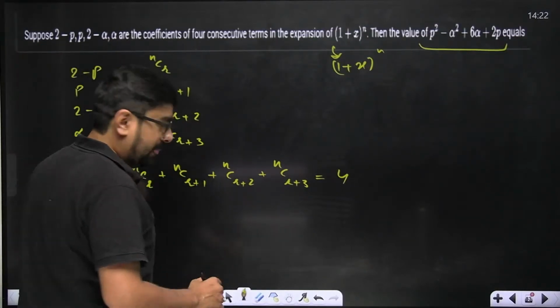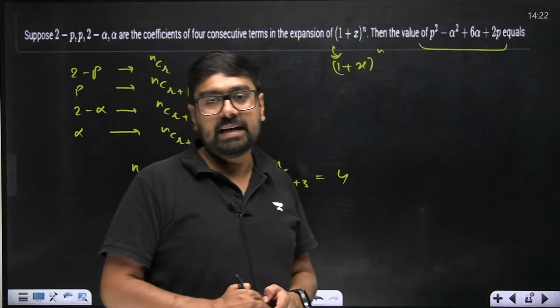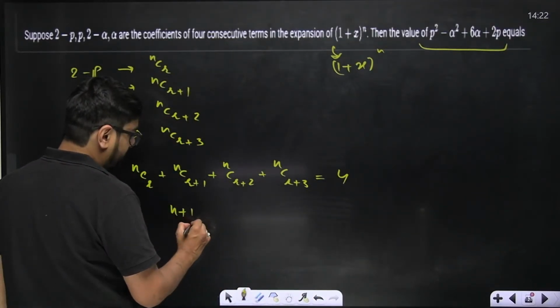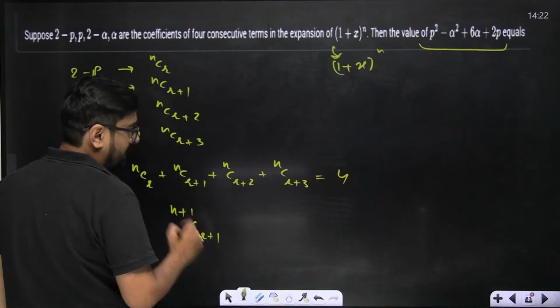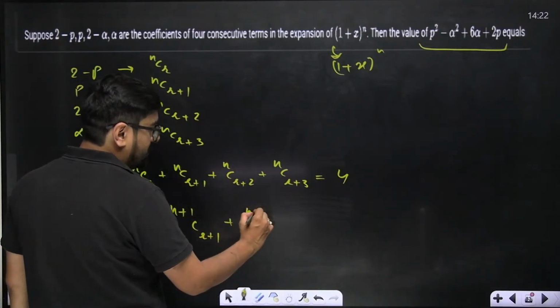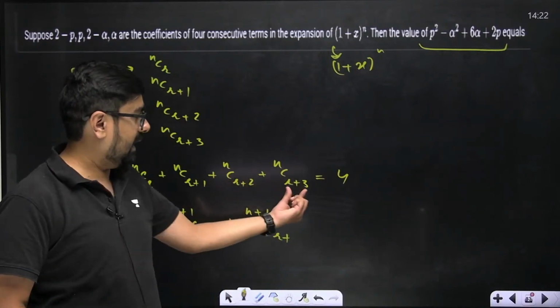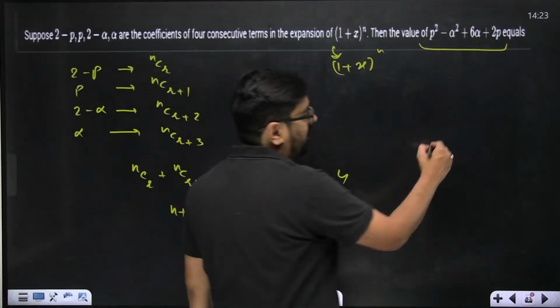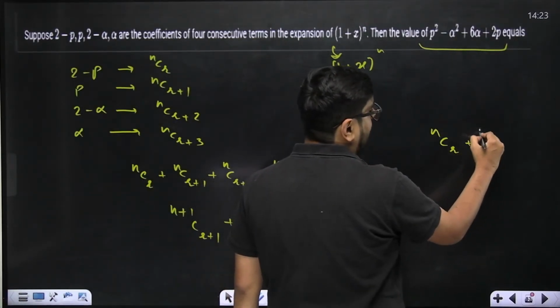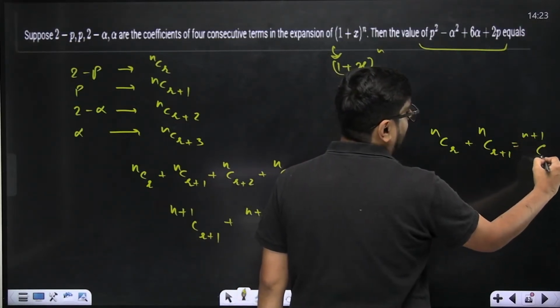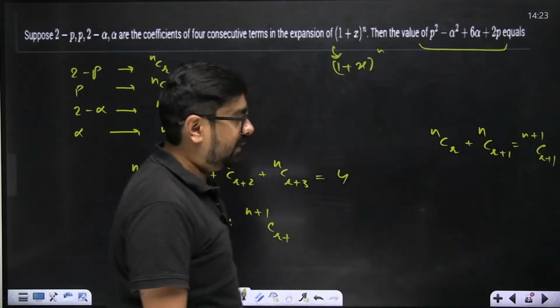And these two we know, nCr plus nCr plus 1 is n plus 1 C r plus 1. So this will become n plus 1 C r plus 1. And this will become n plus 1 C r plus 3. Right? This formula we know, no? nCr plus nCr plus 1 will be equal to n plus 1 C r plus 1. This formula is also very applicable.